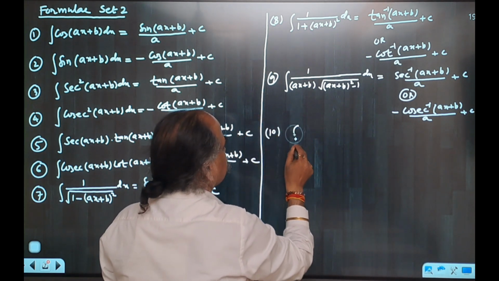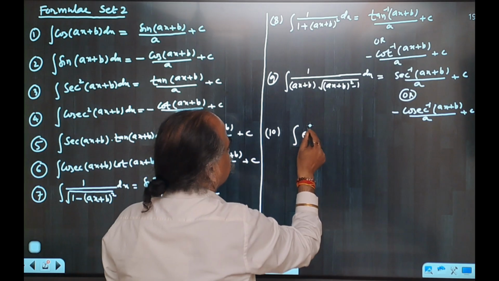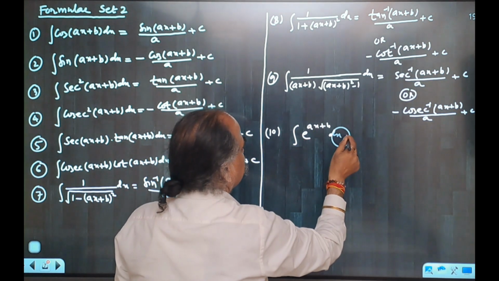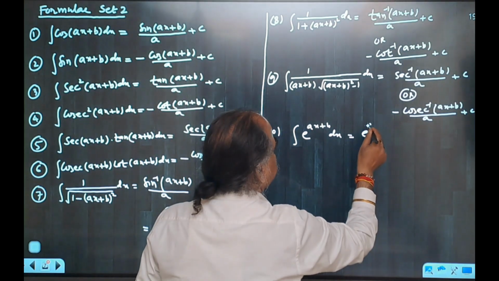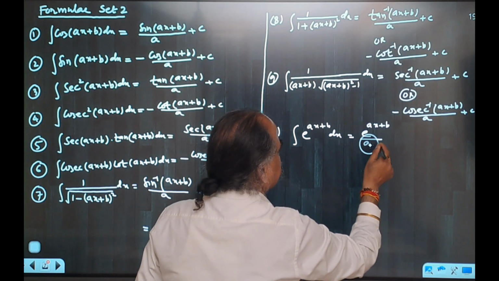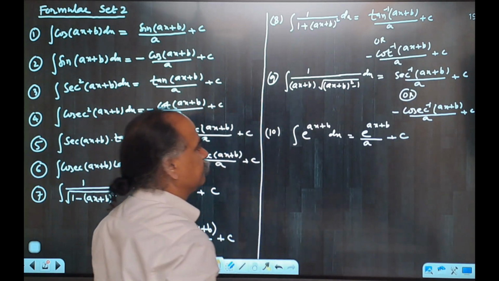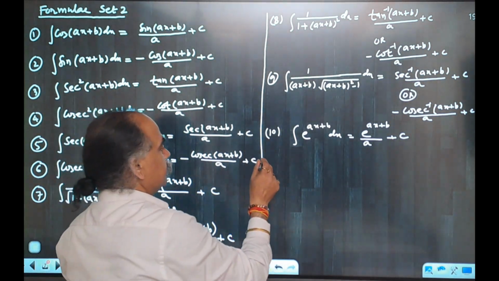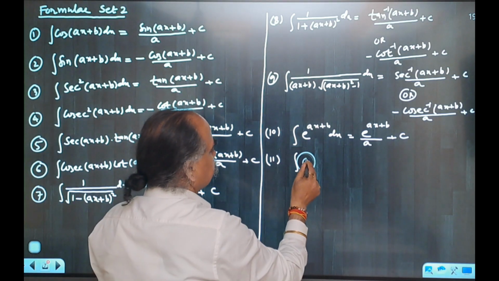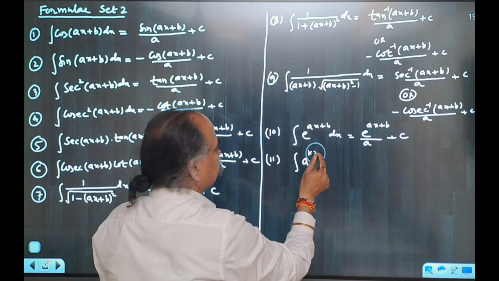Tenth is integral e raised to ax plus b, which is e raised to ax plus b upon a plus c. 11th is integral a raised to kx plus b.